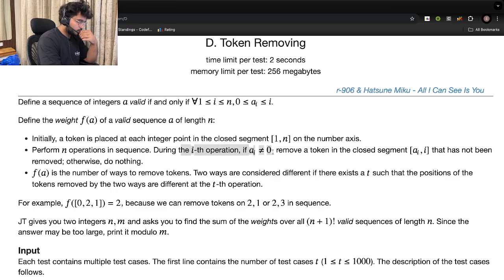During the ith operation, if a_i is not equal to 0, remove a token in the closed segment a_i to i. Let's say if at the fifth position we have a_i equal to 3, which means we can remove one token from any of the positions 3 to 5, that has not already been removed, obviously.